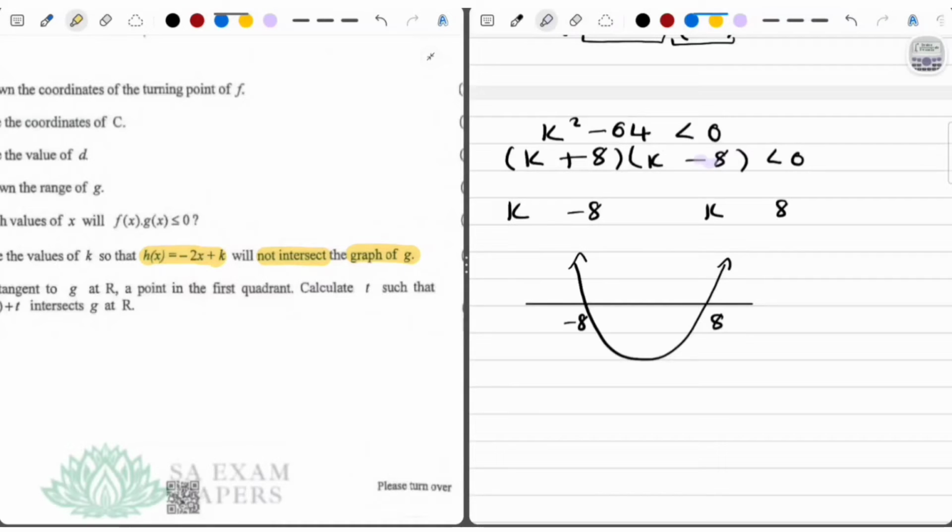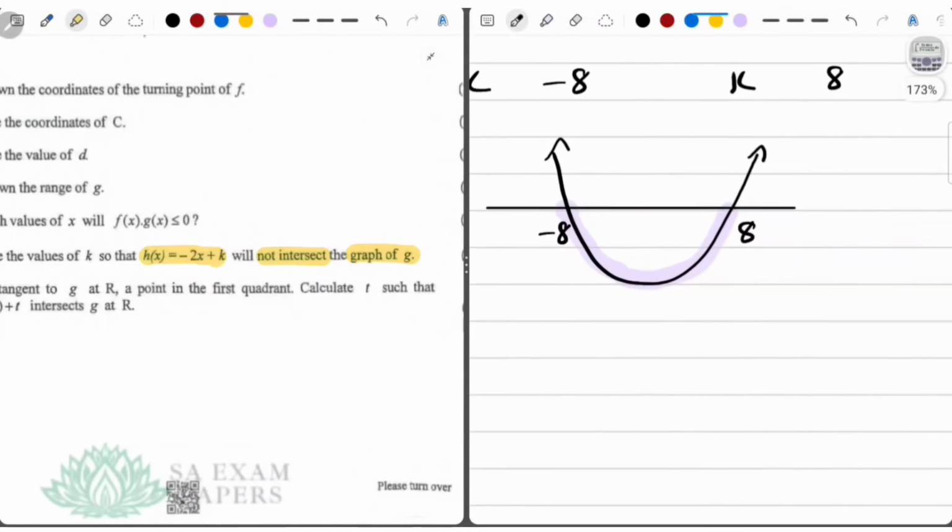Okay, so where are the y values less than 0? Well, the y values will be less than 0 here. So we're not going to look at anything above the x-axis. You're going to look at all the parts that are below the x-axis, which is all through here. And so the x values belonging to this highlighted part would be x values that are greater than -8, but less than 8.